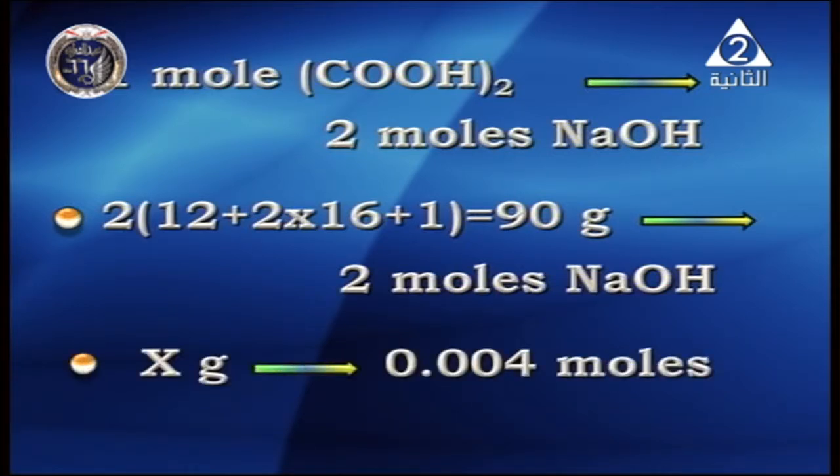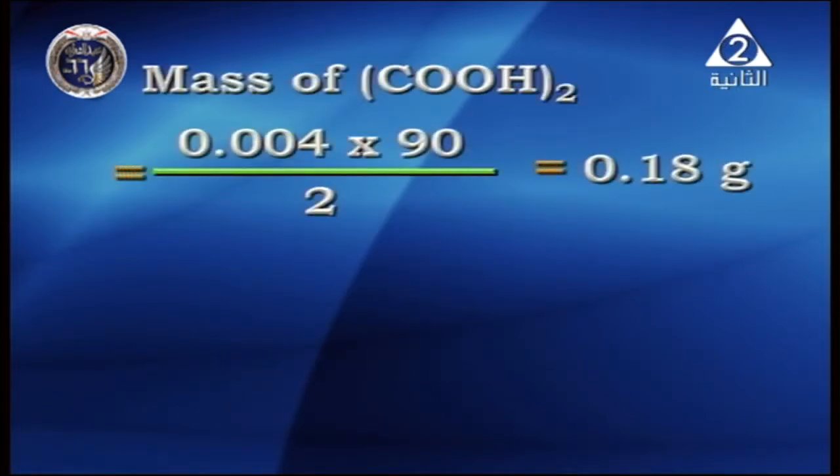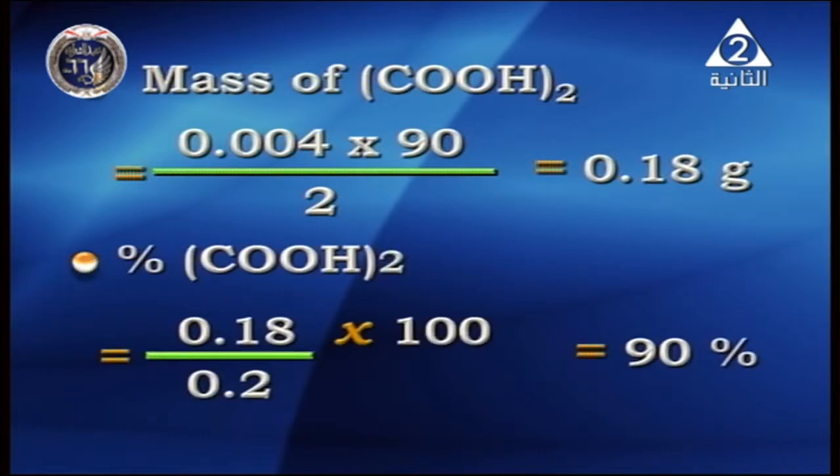So x gram reacts with 0.004 moles. So the mass of oxalic acid equals 0.004 times 90 over 2 equals 0.18 gram. So the percentage of oxalic acid equals 0.18 over 0.2 times 100 equals 90%.